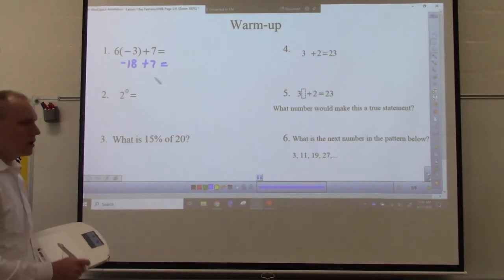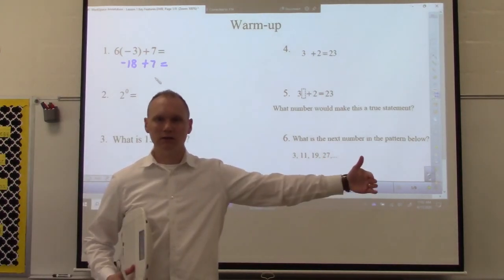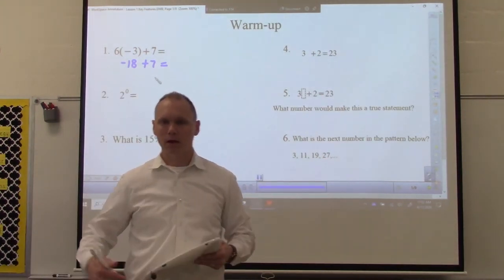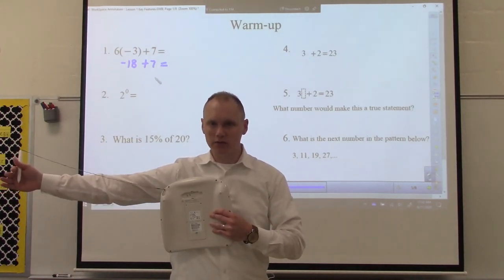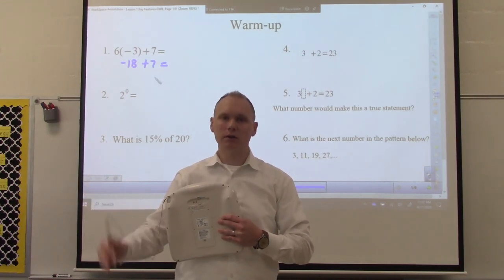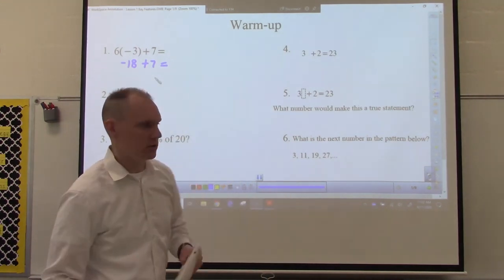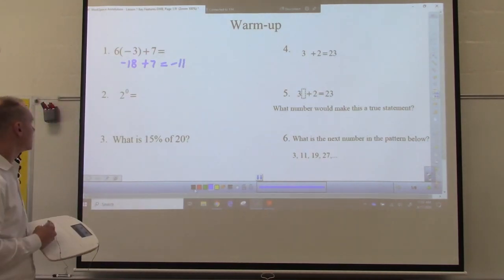So we're at negative 18 on that number line, which would be over here, I guess. And then we're going to go positive 7, so we're going to increase back to negative 11. And so we're going to get closer to 0 by doing that, and so we get negative 11.